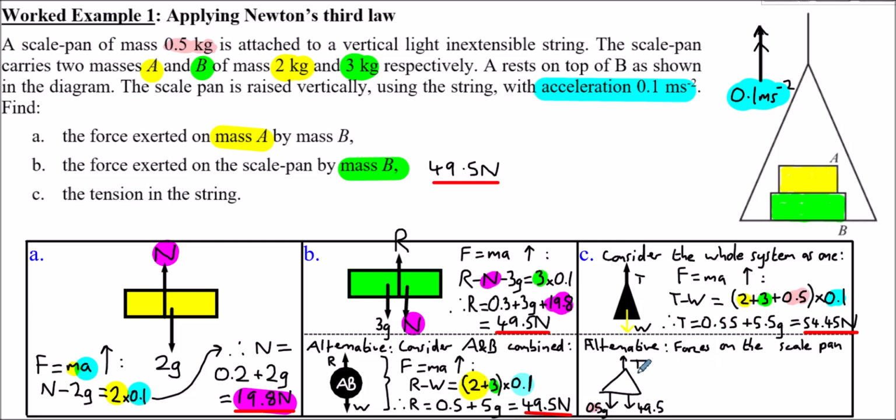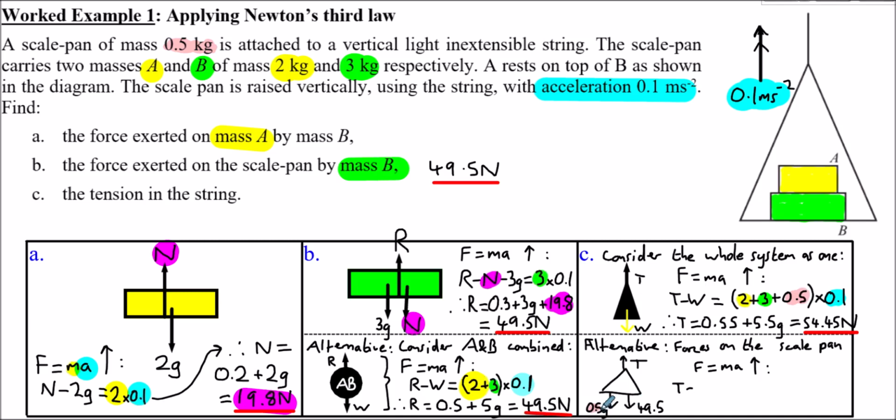So now, if we just consider the scale pan, which remember is hollow, the scale pan on its own is just 0.5 in terms of mass, we can now apply again F equals ma in the vertical direction. So the overall force going up is this tension, T, subtract the forces working against it.